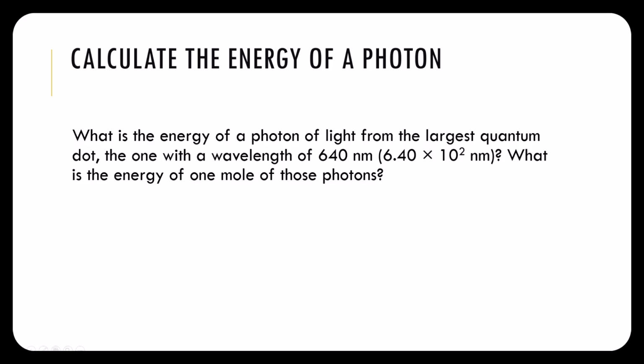The formula that we're going to use is the one we introduced a couple slides ago: energy equals Planck's constant times the speed of light, divided by wavelength. Go ahead and pause this video and see if you can calculate that. Quick tip, make sure the units match.